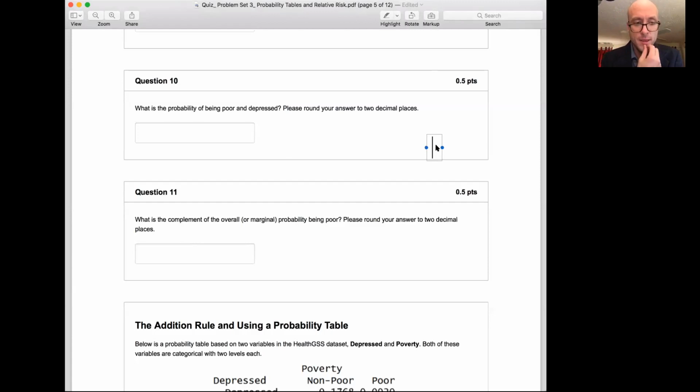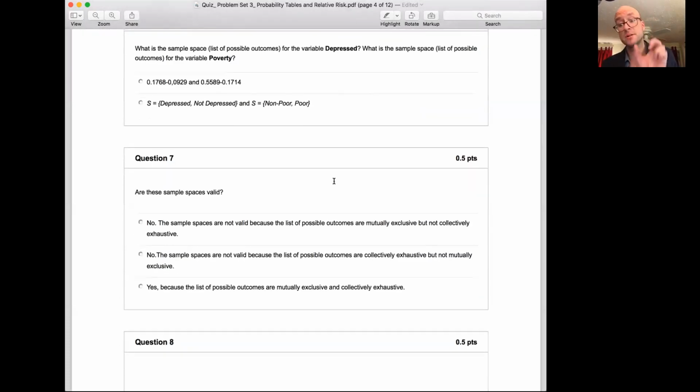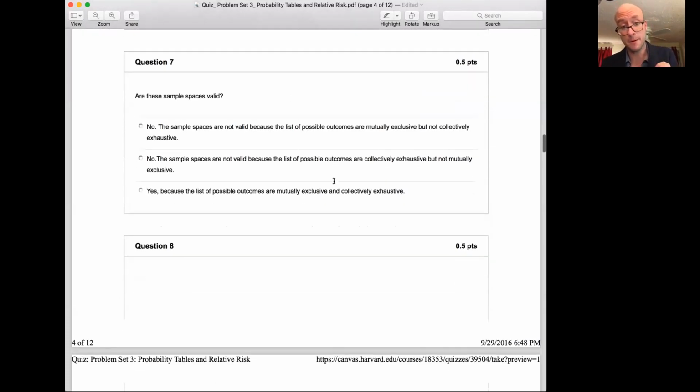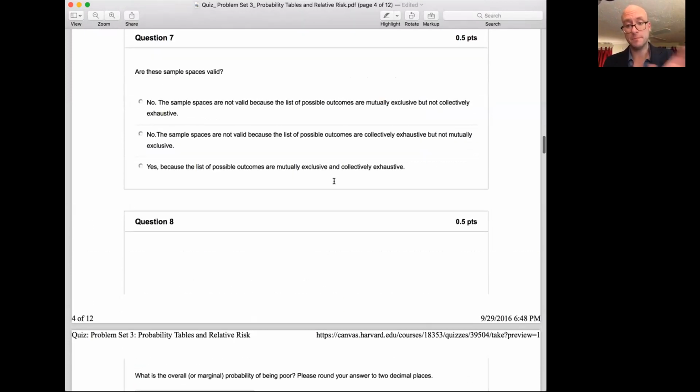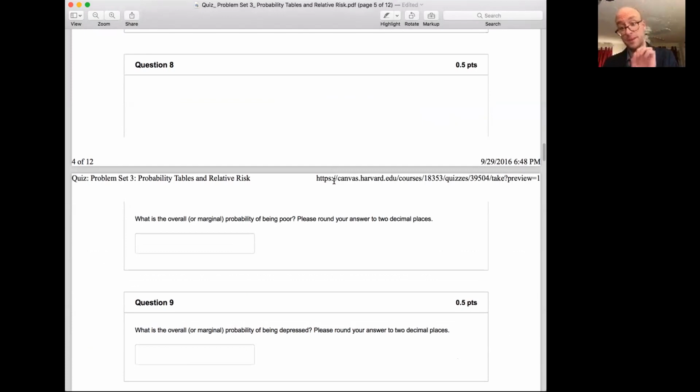All right, well, anyway, so what is the complement of the overall marginal probability of being poor? It is 1 minus the probability of being poor. And of course, this is where it helps to build on previous answers. Remember, you don't have to add up the probability of being poor. You could just take the previous answer. Now, here's where it gets complicated.